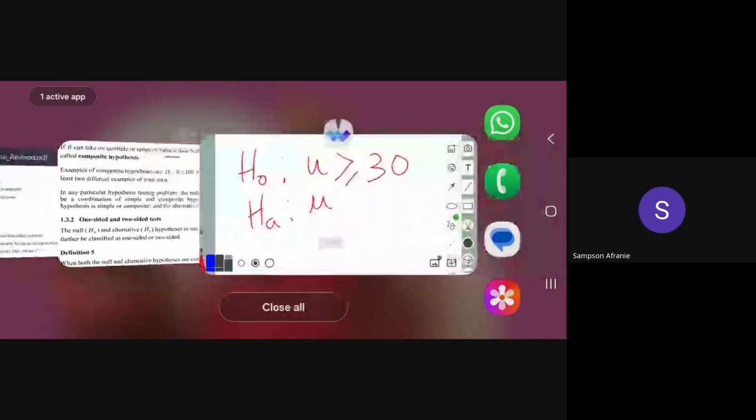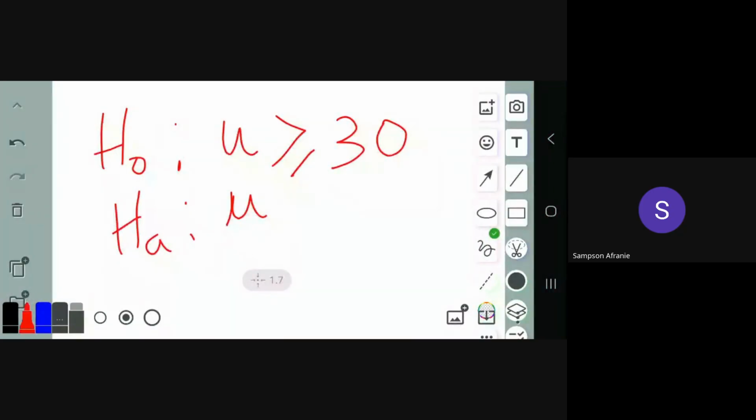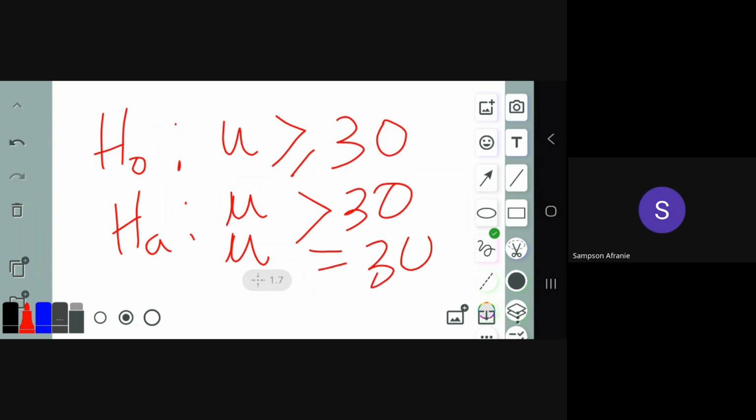What does it mean? It means that I'm not going to get a single value for the mean; there are different values I can get. It can be greater than 30, or the mean can equal 30, because of the equal sign there. Two outcomes are possible.